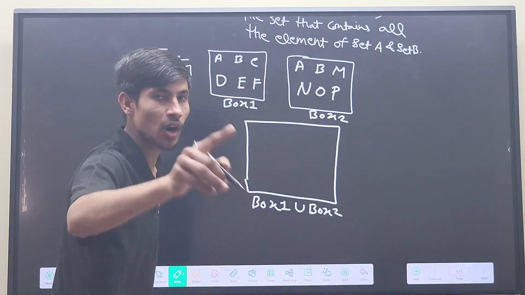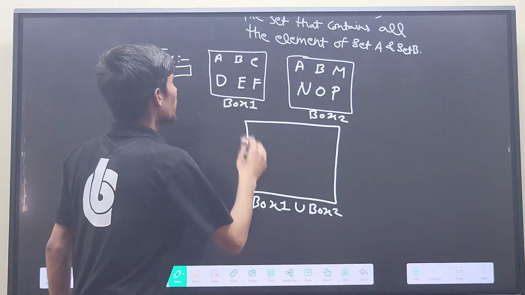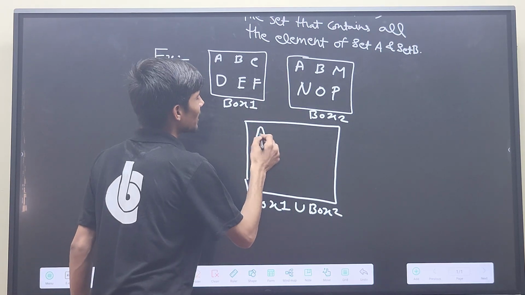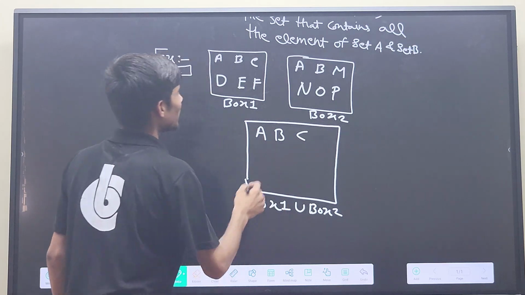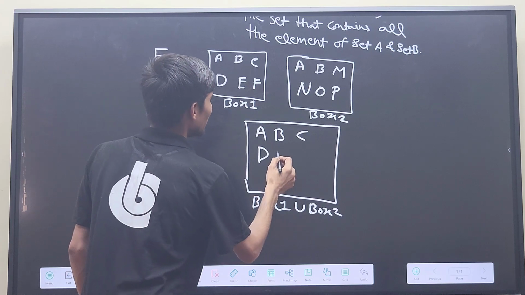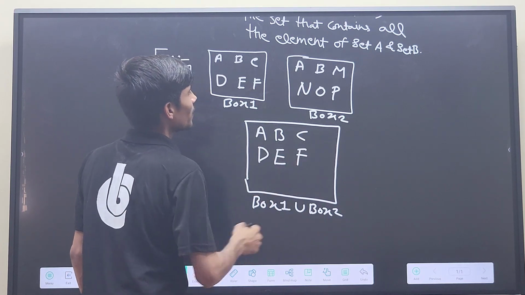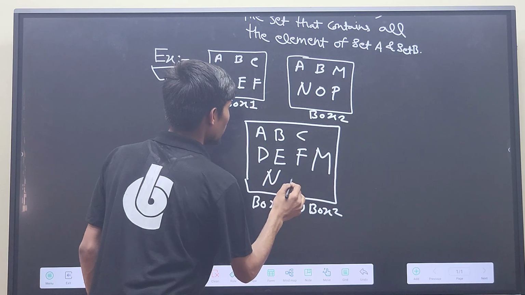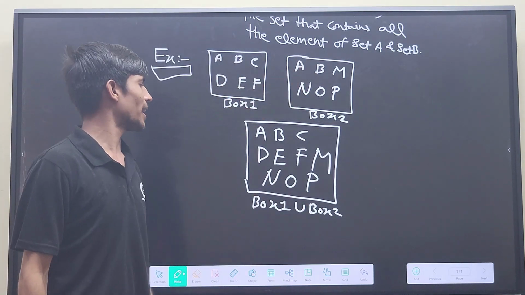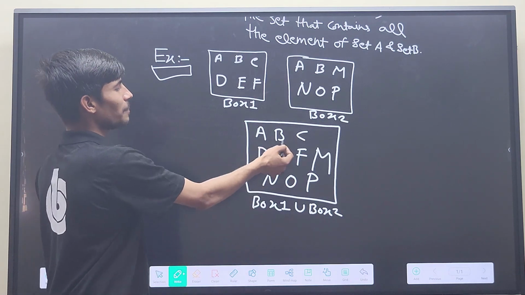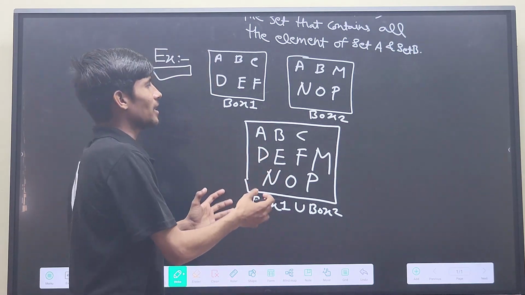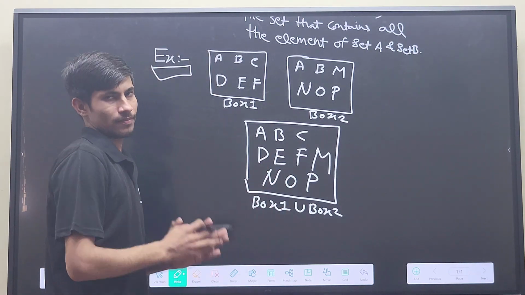If I am making this box with the alphabets given in box 1 and box 2, it will be something like this: A, B, C, D, E, F, M, N, O, and P. Here are some elements which are combined together.